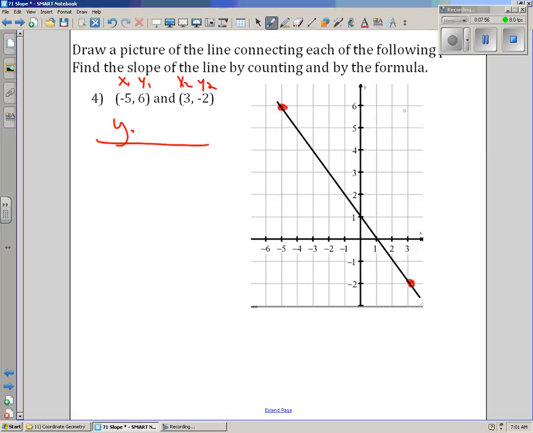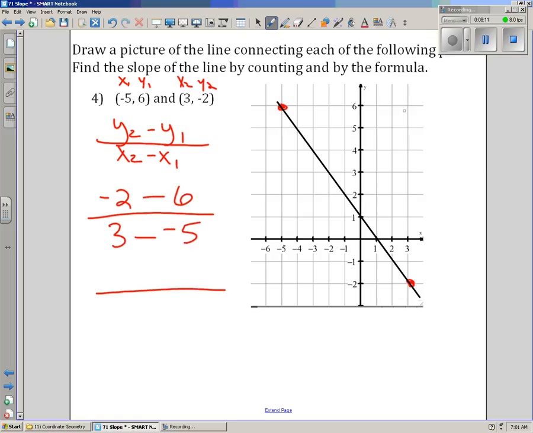And my formula is y2 minus y1 over x2 minus x1. And y2 is negative 2 minus y1, which is 6, divided by x2, which is 3, minus x1, which is negative 5. Negative 2 minus 6 is negative 8. And 3 minus negative 5 is 3 plus 5, which is 8. And a negative 8 divided by a positive 8 is negative 1.